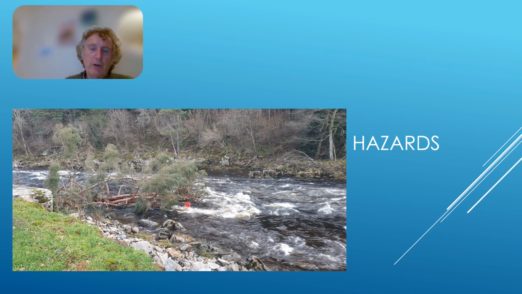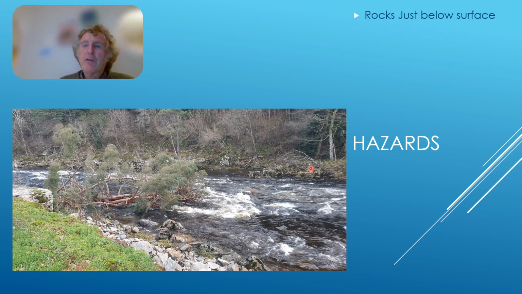However, your boat and you will be forced into the tree, and possibly forced under the tree and between the tree and the bottom of the river. So it's very dangerous. We would always avoid hazards.